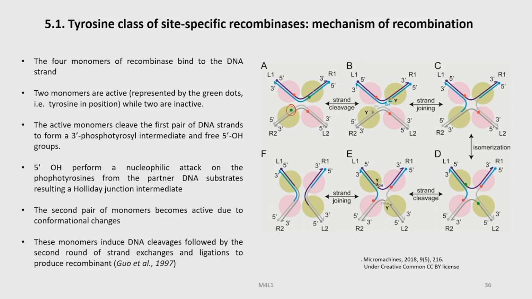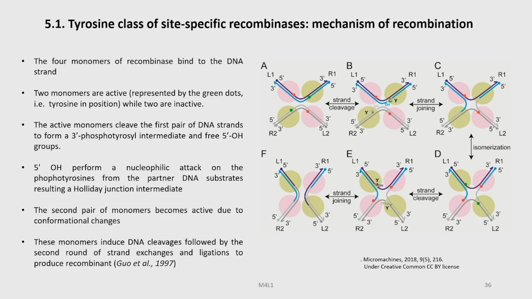So, this monomer and this monomer are active and the other 2 lying diagonally are inactive. The active monomers cleave the first pair of DNA strands, as you can see here, to form 3 prime phosphotyrosyl intermediate and free 5 prime hydroxyl groups.